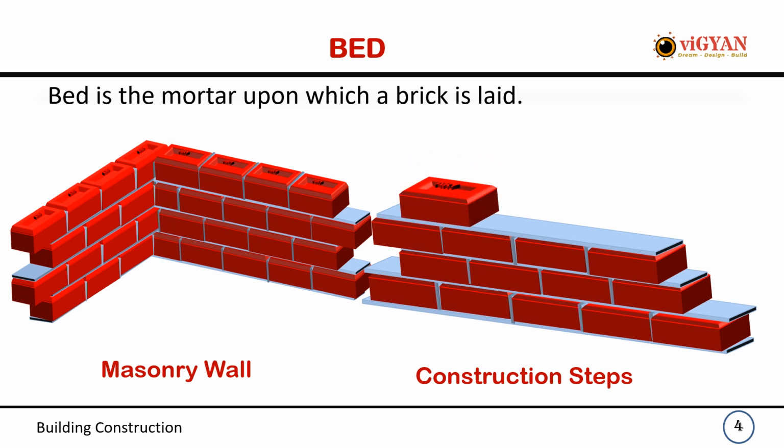So here we can see that for constructing a number of courses or any course, the first activity is to prepare a bed of mortar. Let's identify the beds in the construction step. So we can see that there are a number of beds and there is one more bed at the bottom.